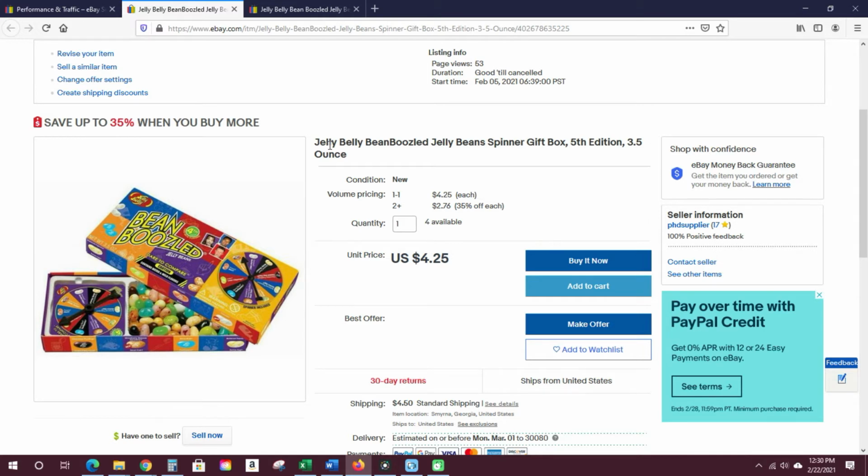Even though I am cheaper on the price, the $4.50, $4.25, those numbers together, people are like, oh, I don't care. I don't want to do the math on this. Therefore, I should change this to free shipping, and then probably keep with the 35% and make those changes.